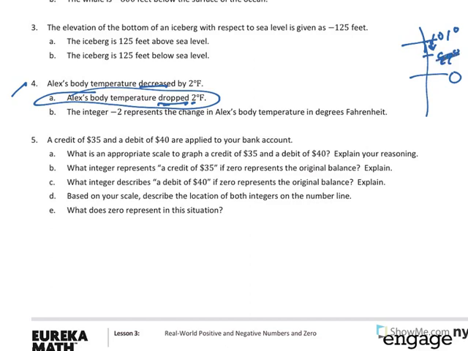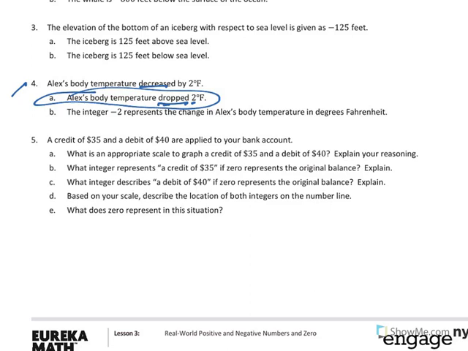And we don't care about this part so much. We care about the drop. The drop means it headed towards a negative. Even though it wasn't in negative, it headed downward, and downward in this case is negative 2. It's not at negative 2, it just went down by 2. So that's where that comes in. Positive and negative in terms of understanding what they mean can be challenging sometimes.